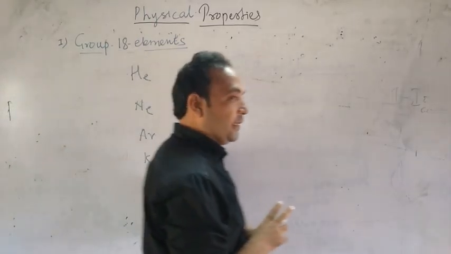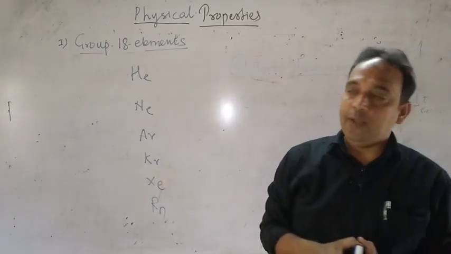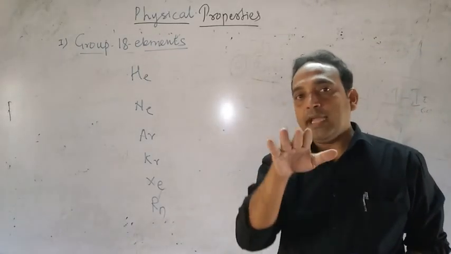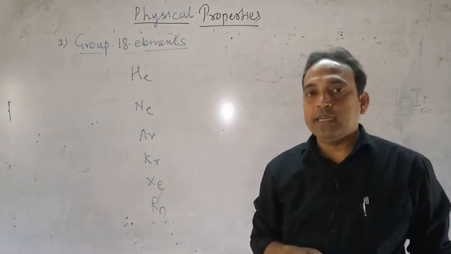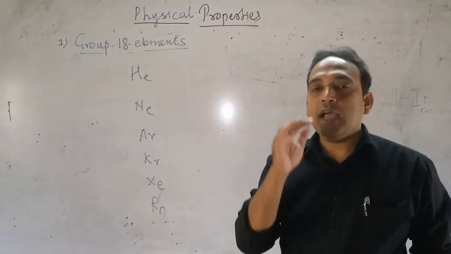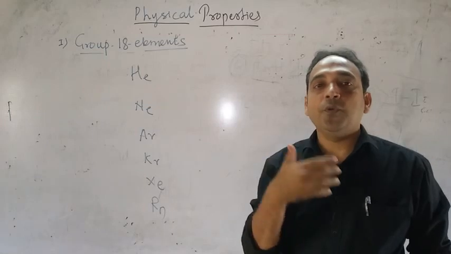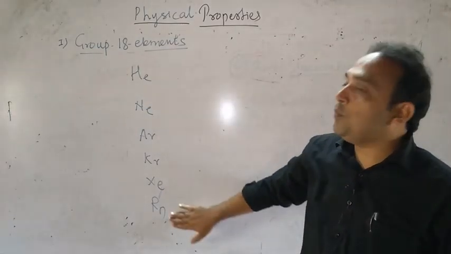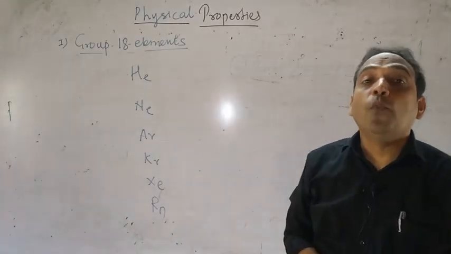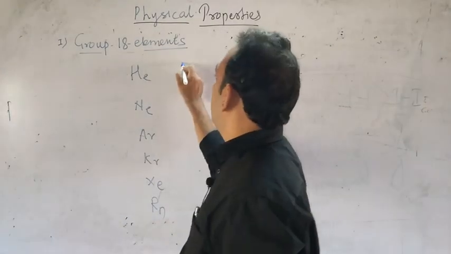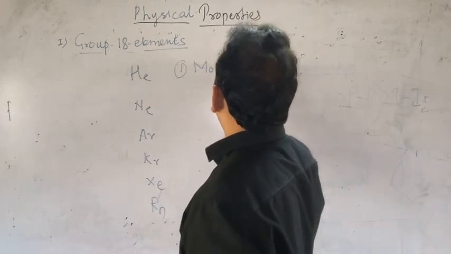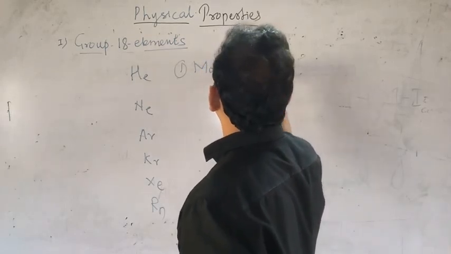Now we have just discussed halogens are diatomic, how was the halogen family, diatomic, meaning F2, Cl2, Br2, I2. Here noble gas elements, group 18 elements, are monoatomic. First physical property: group 18 elements are monoatomic.